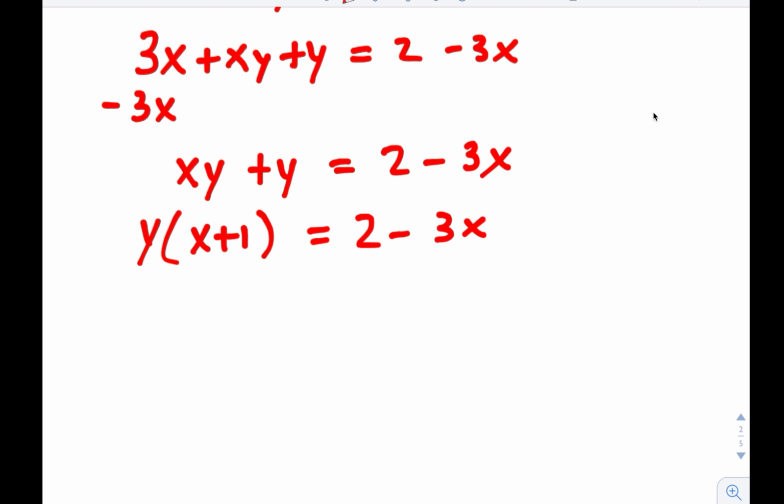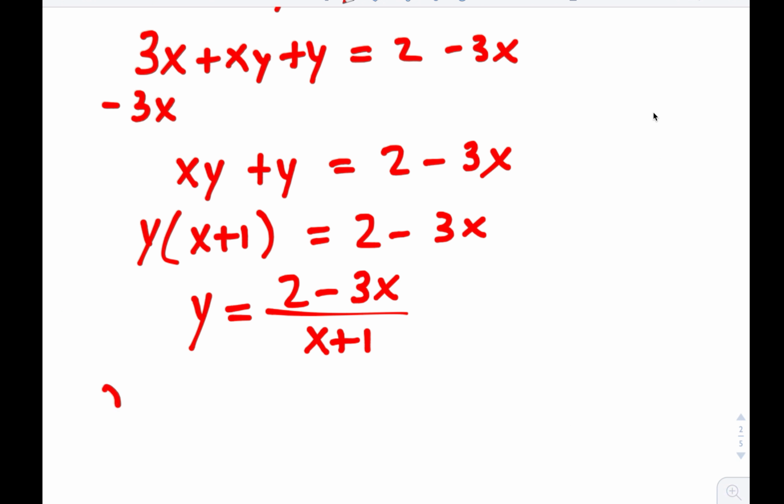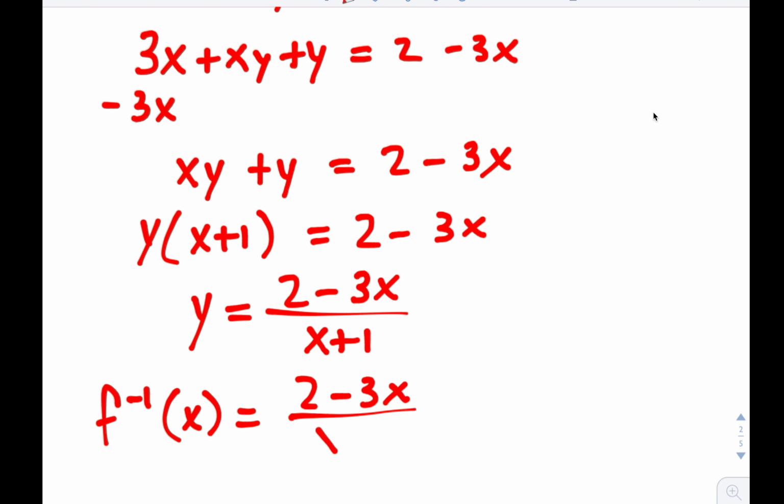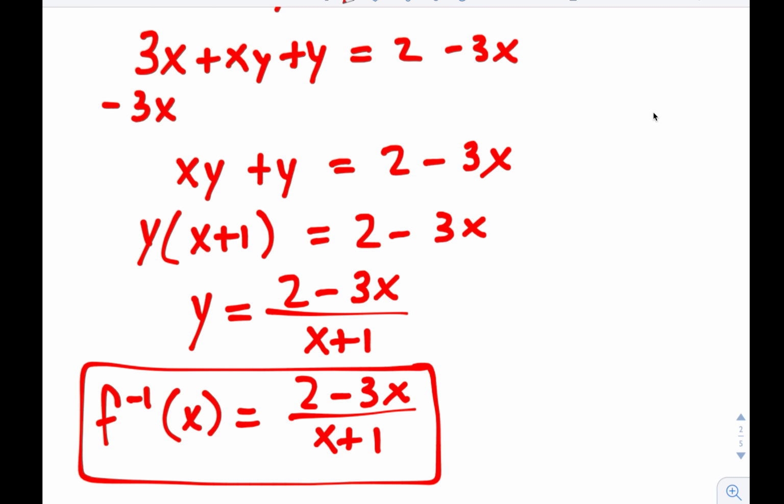And then again, because you're trying to solve for y, you're going to divide x plus 1 over. So y is equal to 2 minus 3x divided by x plus 1. So your inverse now is 2 minus 3x divided by x plus 1.